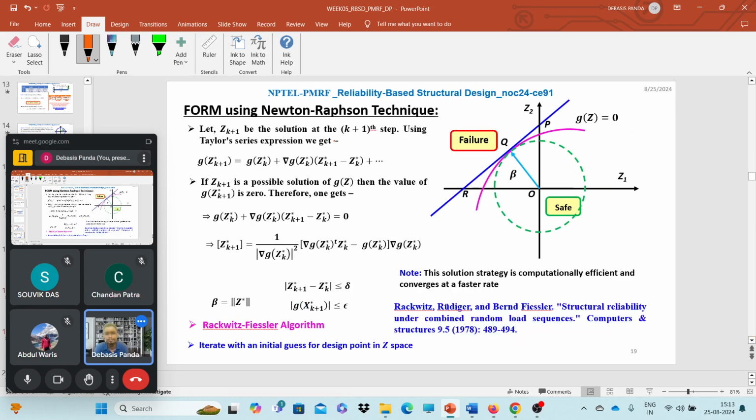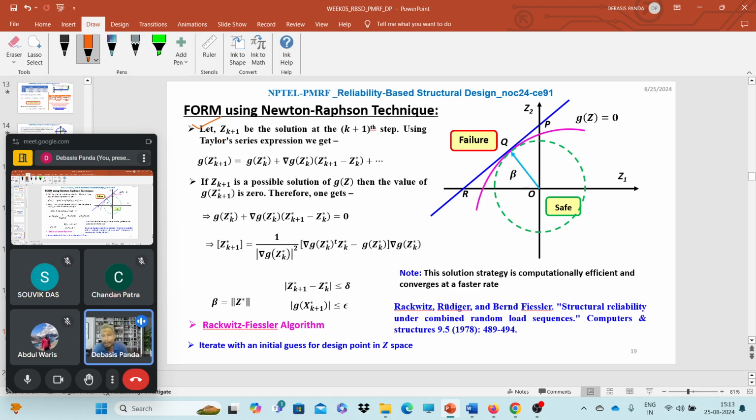So directly, if we start from some initial guess of the design points, let's say we have z(k+1), one set of solution at the kth step.